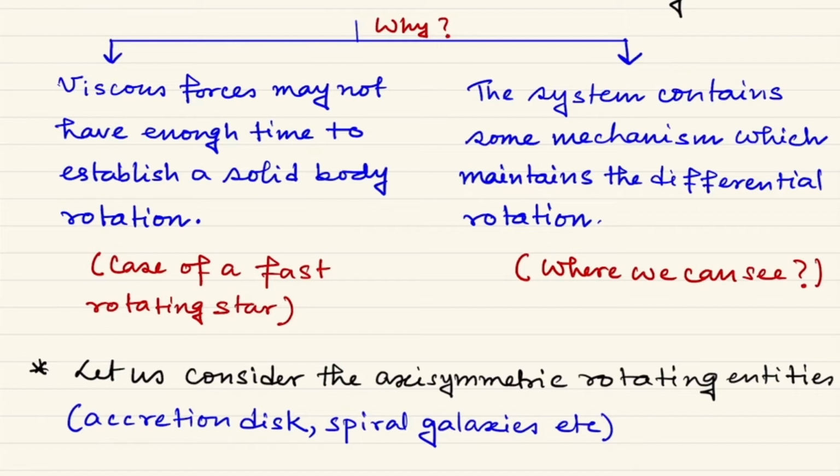Axisymmetric means that they have an axis of rotation, and the properties along the direction of the axis are different from the properties in the plane perpendicular to it, but in that plane it does not matter which azimuthal direction you are in.